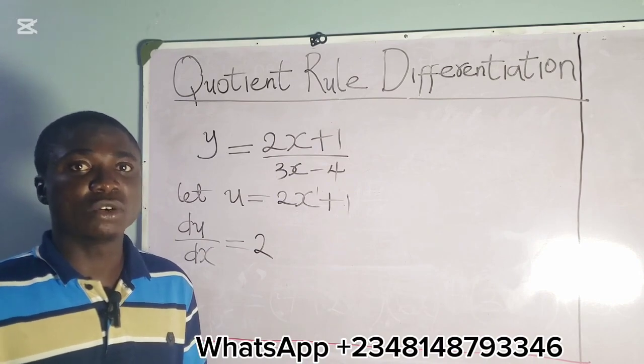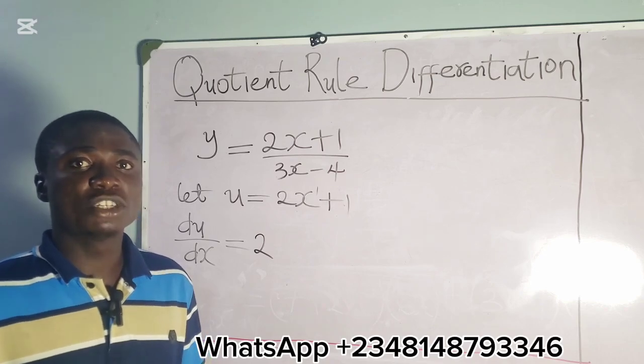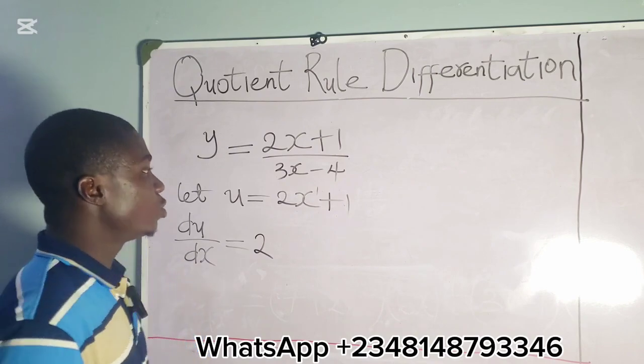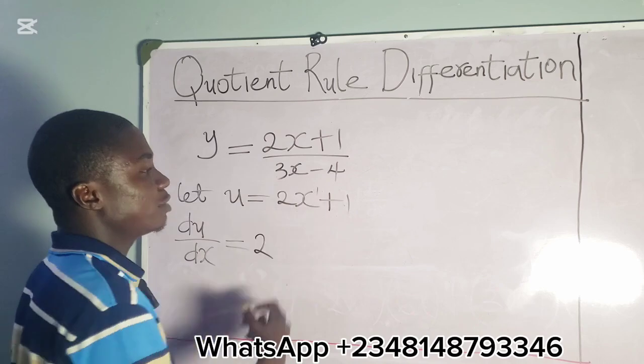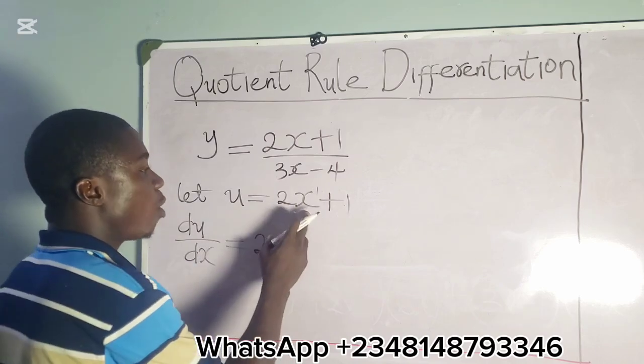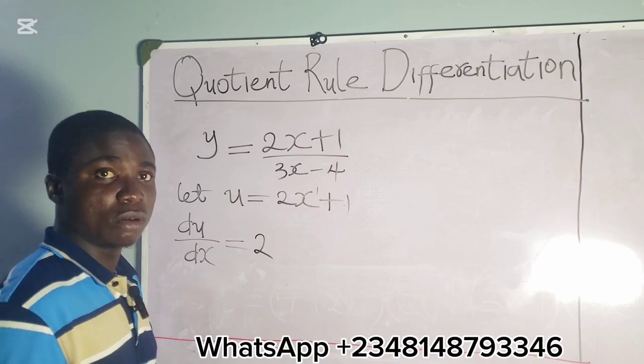So x raised to power 0 is 1, and 1 multiplies 2 is 2.